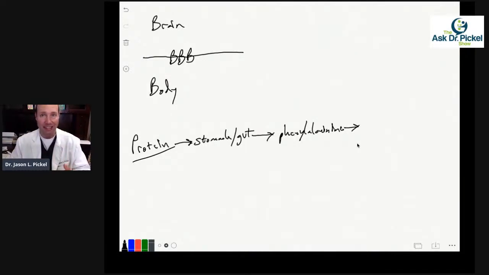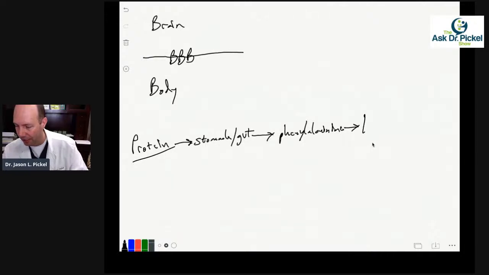We need this. And really, there are not a lot of dietary sources. I mean, it's in protein, of course, but it's just not something that's always easily gotten in. So once we get this phenylalanine, the amino acid goes into our blood, and then where does it go next on this pathway?